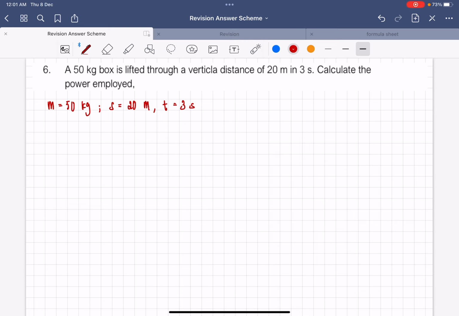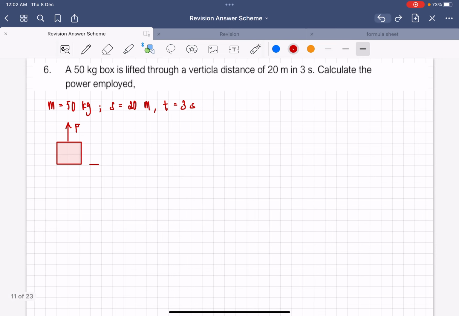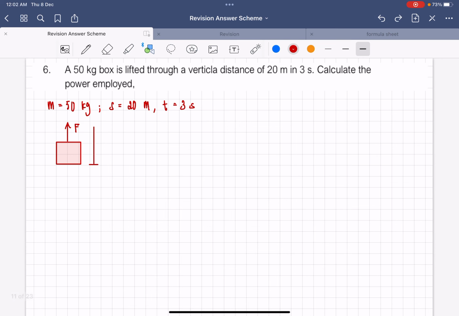So the box is lifted vertically, so basically the force is going upwards, and we have the displacement going upwards as well. So this is s.